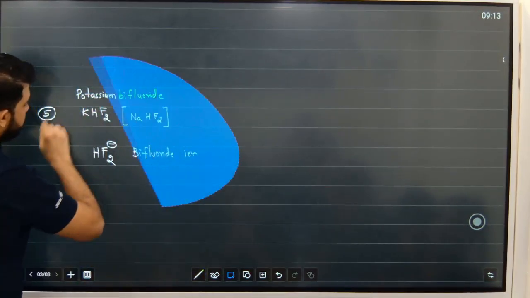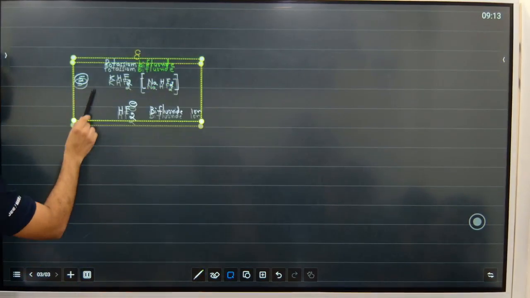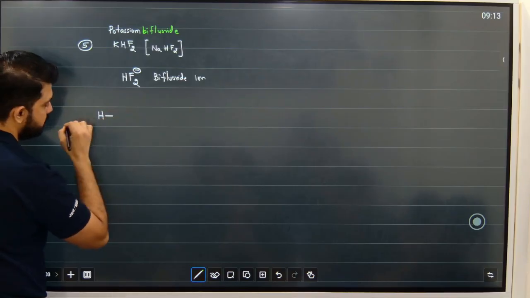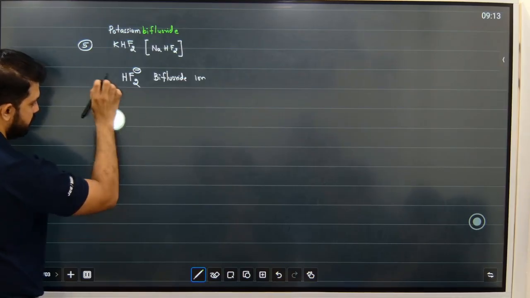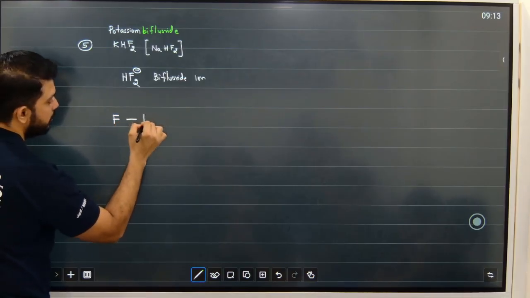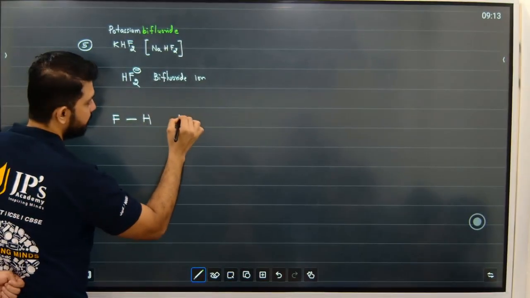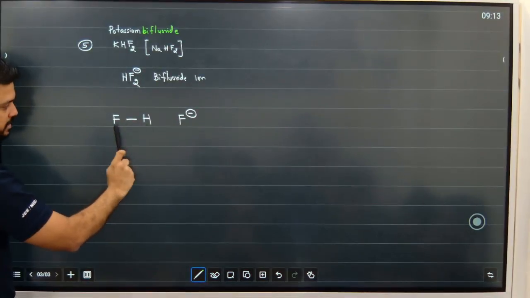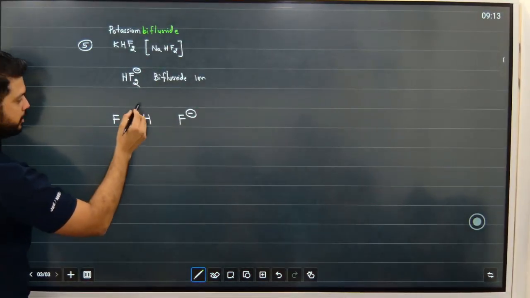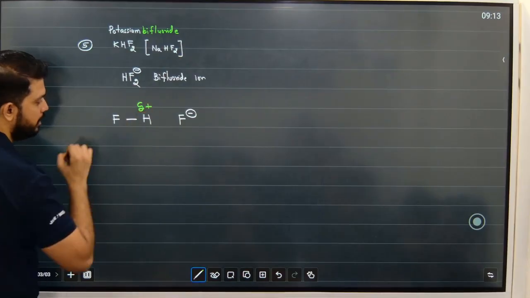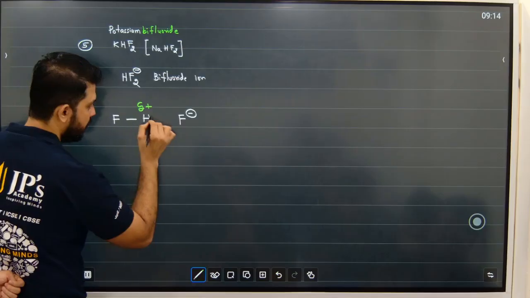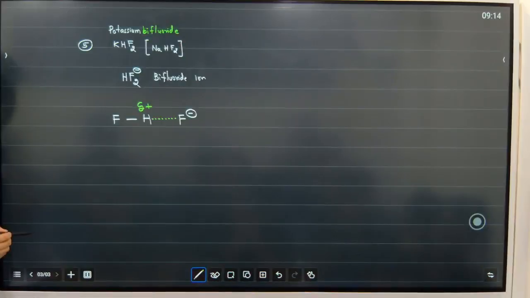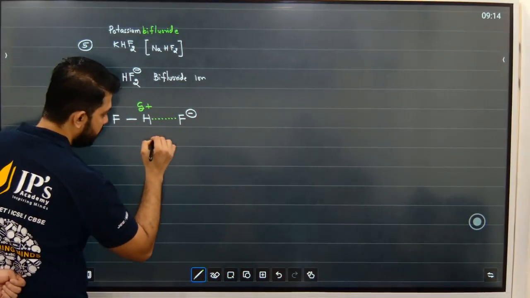Now in bifluoride ion, the hydrogen bond is something like this. So you have a fluoride ion and you have HF. We know that there is large electronegativity difference, because of which hydrogen will develop a δ+. Here you have a fluoride ion. So between H and F we have a hydrogen bond over here.